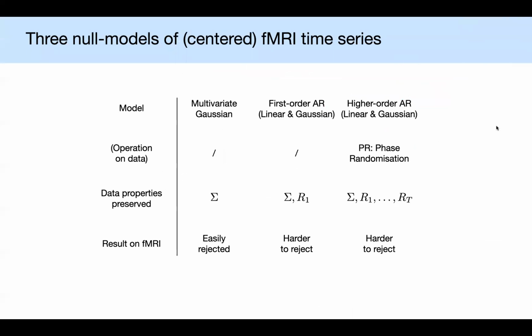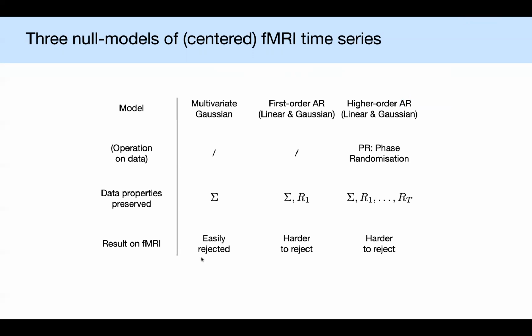where I have the three nulls that can be used in multivariate applications. In the case of fMRI, I would suggest to use the last two. The first one is very easily rejected because it destroys the autocorrelation structure. And well, if you compare a metric between the original one and multivariate Gaussian surrogates, it will almost always be rejected, but just because of the autocorrelation structure that is in fMRI time series.